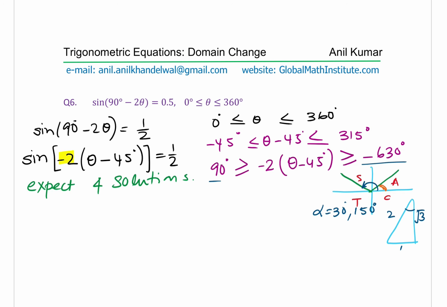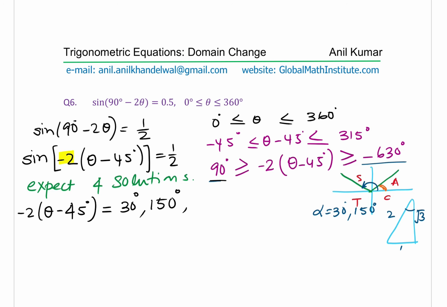So we can say, well, we do have 2 values, which is minus 2 times theta minus 45 degrees should be equal to, so these are within our domain, 30 degrees and 150 degrees. We are going to add 360 to them.